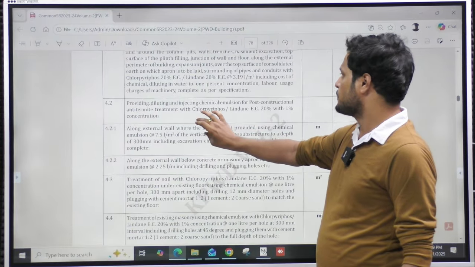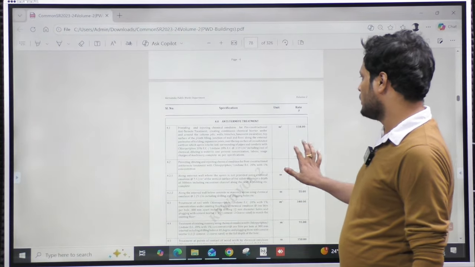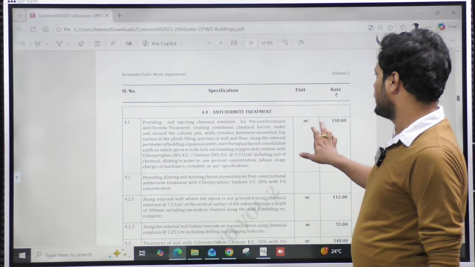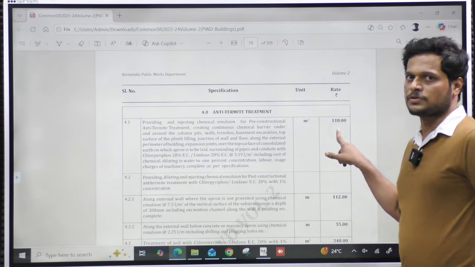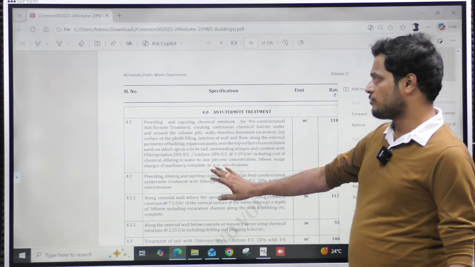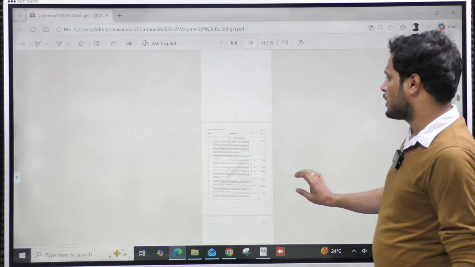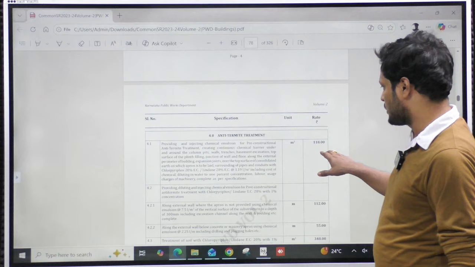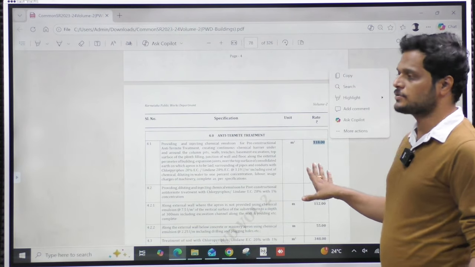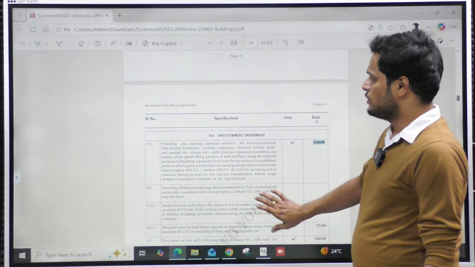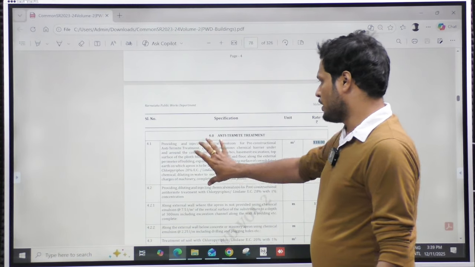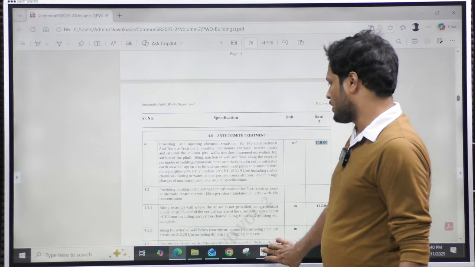In the schedule of rates they give the unit as well as the rate per unit. Before the tendering process, the SOR is first prepared, and after the contract is finally awarded, as per the contractor's price bid, we get these values later. This is the schedule of rates, and each item has a detailed specification.